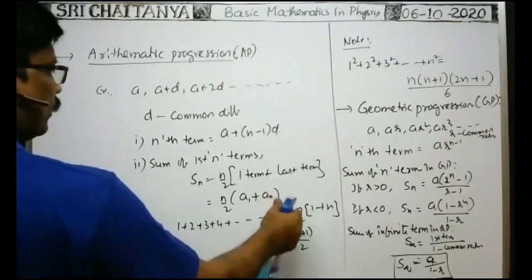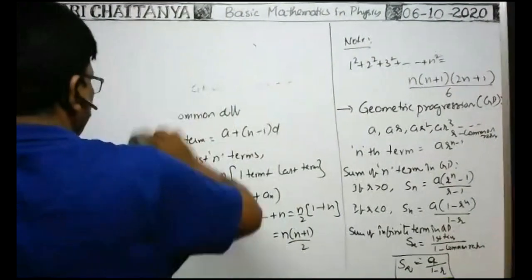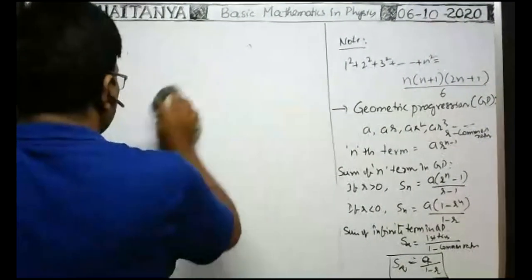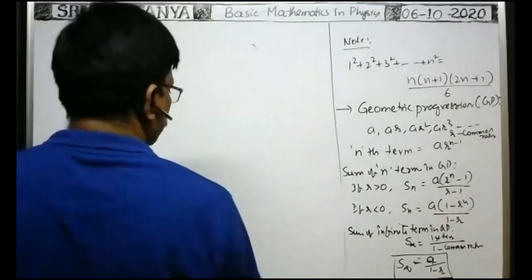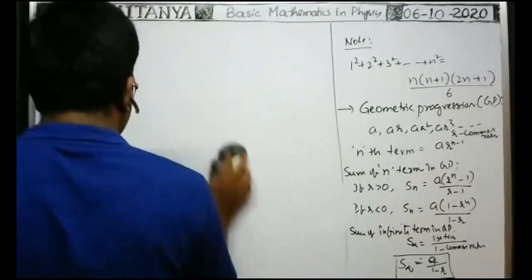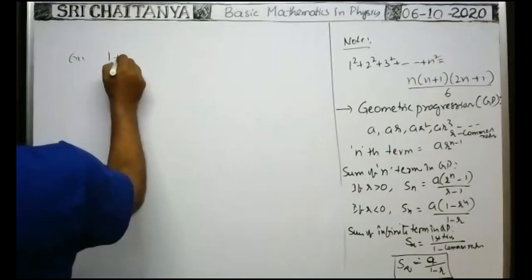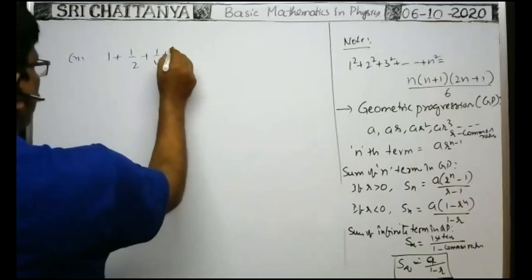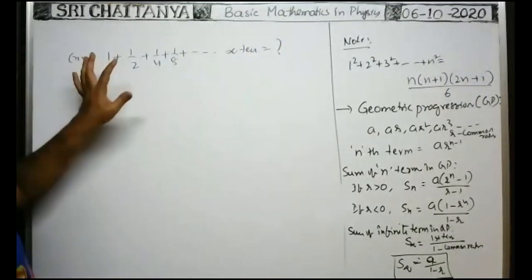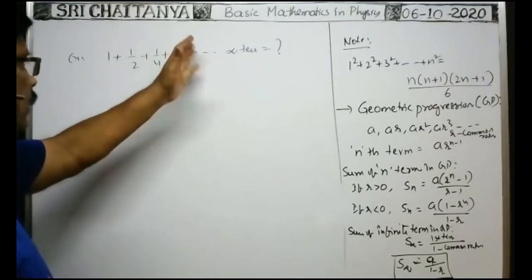In case of geometric progression, 1 plus 1 by 2 plus 1 by 4 plus 1 by 8 plus 1 by 16 plus and so on, like this.